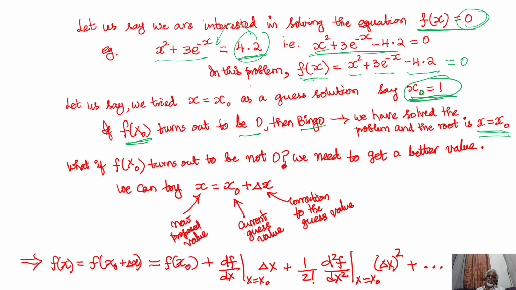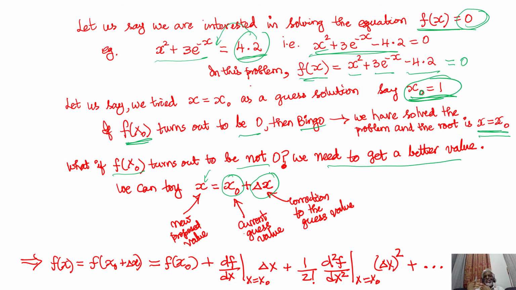But oftentimes, f of x naught, the value of the function at x is equal to x naught, our guess, will not turn out to be 0. What if it doesn't turn out to be 0, which is going to be more often the case? So we need to improve our estimate of x, or we need to get a better value. So what I'm going to do is get a new value of x by taking my previous value of x and adding a correction delta x to it.